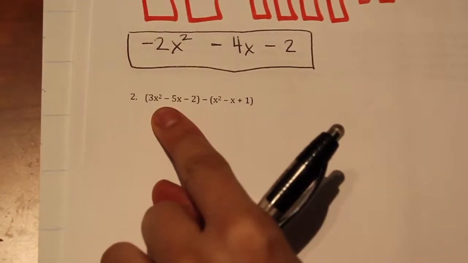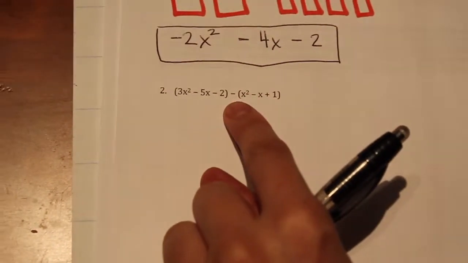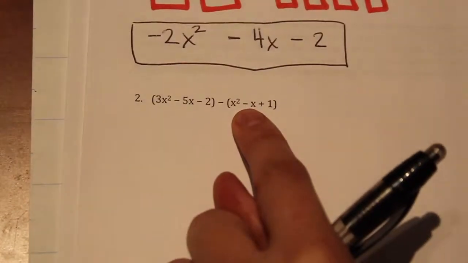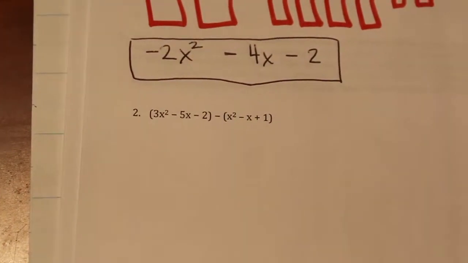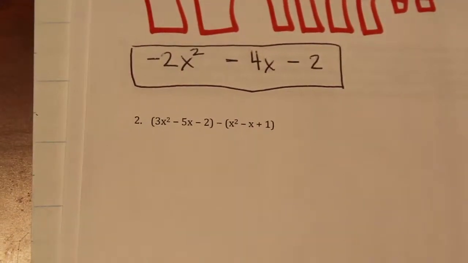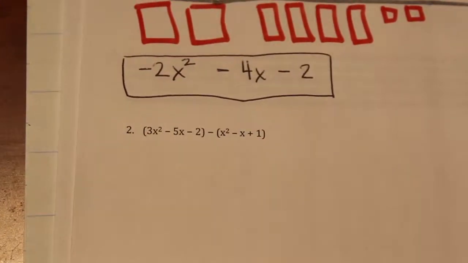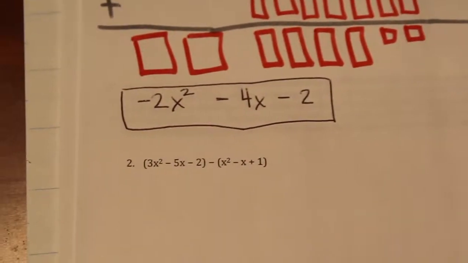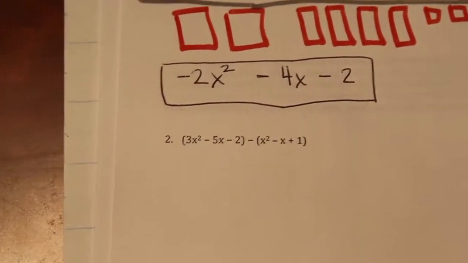3x squared minus 5x minus 2 minus x squared minus x plus 1. Let's start with the first polynomial, 3x squared minus 5x minus 2.